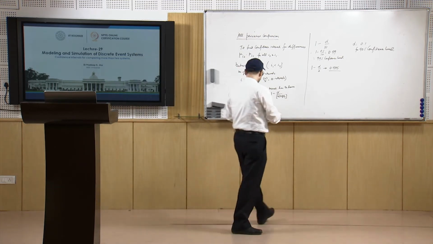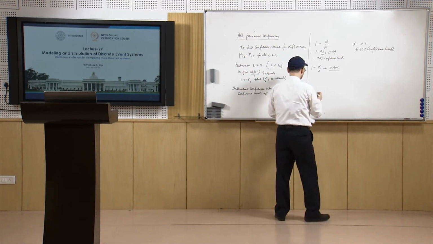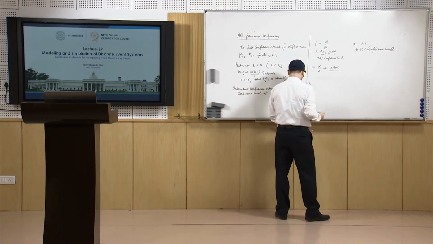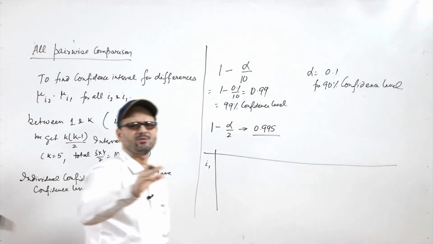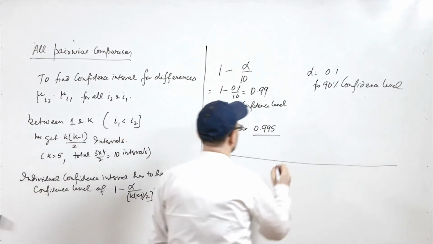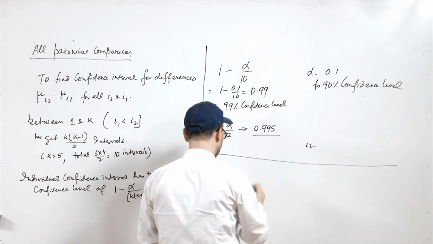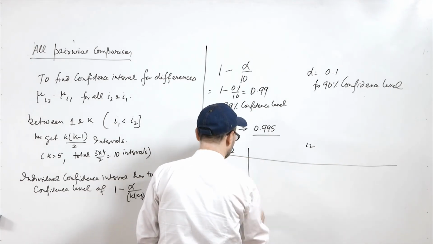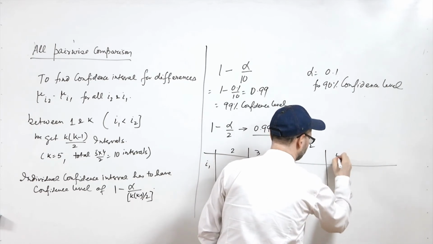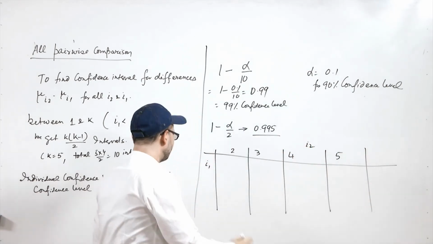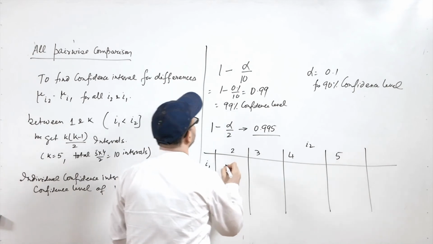So, if we take the readings, you will have I1, and then if you do all the pairwise comparisons, I2 will be the second system, third system, fourth system or fifth one.